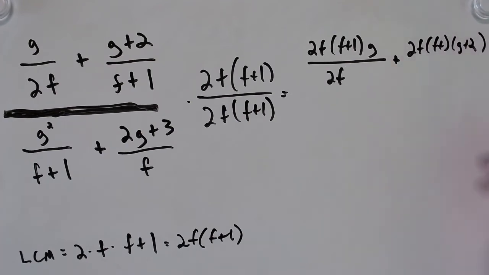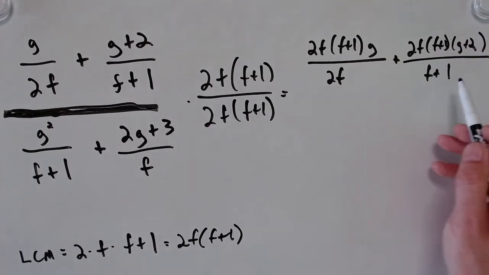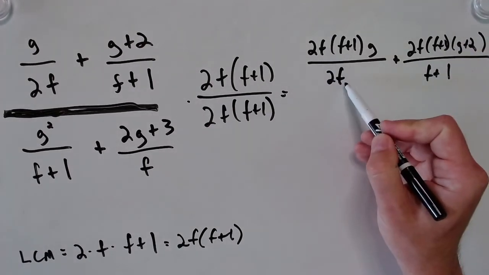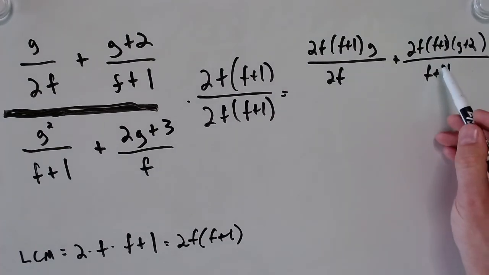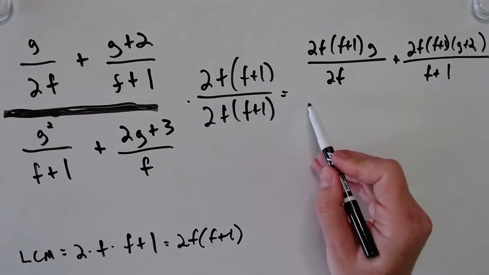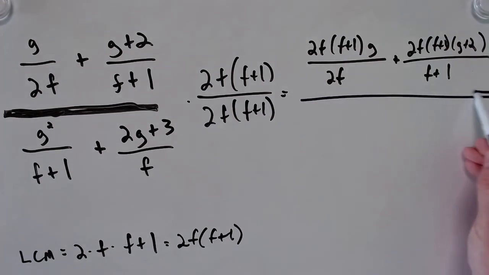Over f plus 1. So we can see what's going to cancel. This 2f and this 2f are going to cancel. This f plus 1 and this f plus 1 are going to cancel. Well, let's not get ahead of ourselves too quickly. We're going to put the big fat bar here.